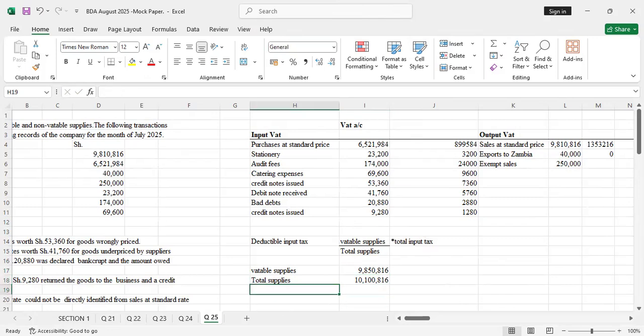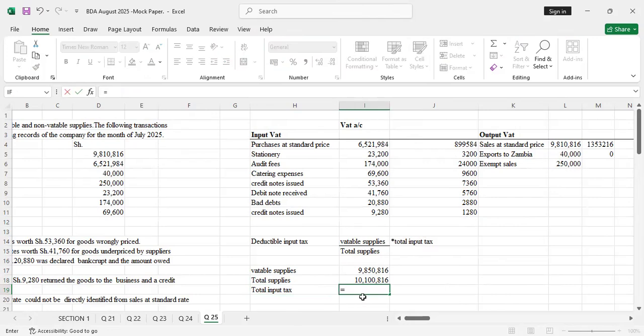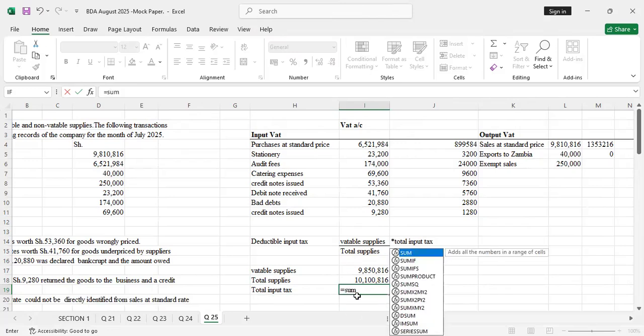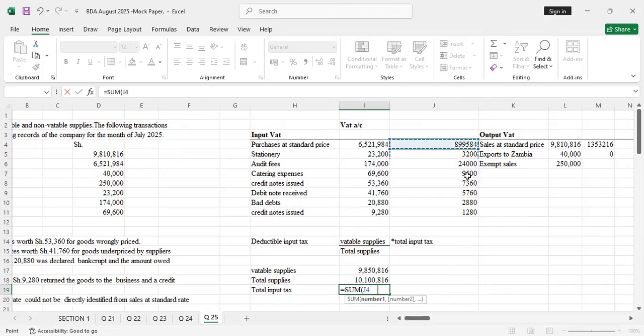Then what about total input tax? So this is the input VAT, so the taxes are here. The total will be the sum of all this. So I'll sum all this because that's the total input tax.